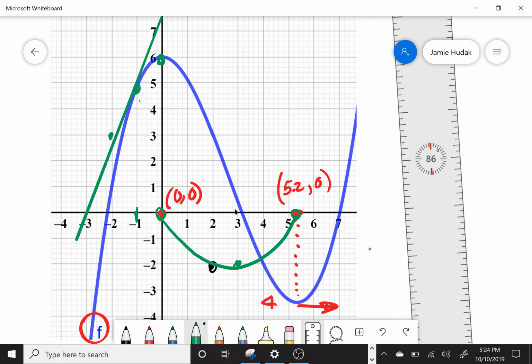And if we count from here, it looks like it's 1, 2 up and 1 over. It's approximately a slope of positive 2. Again, we're just estimating here. Let's erase this out. So far, my derivative graph looks like this.